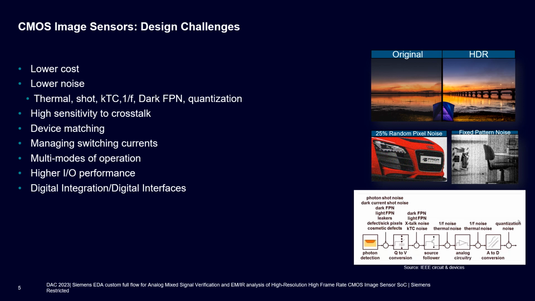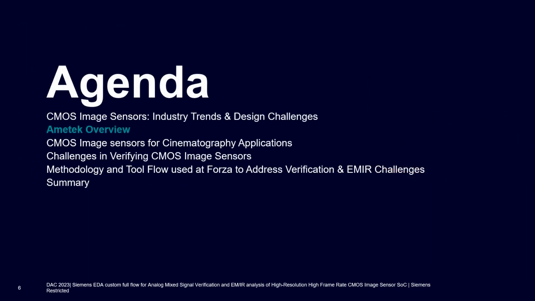Because of the repetitive structure and signal coupling from adjacent readout columns switching simultaneously, there is a concern for crosstalk, especially when pixel pitch is close to 1 micron. There are also many switching circuits, multi-modes of operations, and requirements to have higher I/O performance. As these requirements are starting to grow, there is more and more digital integration coming into the picture to mitigate these challenges. Now I will give a quick overview of Forza Silicon and our parent company Amatec.